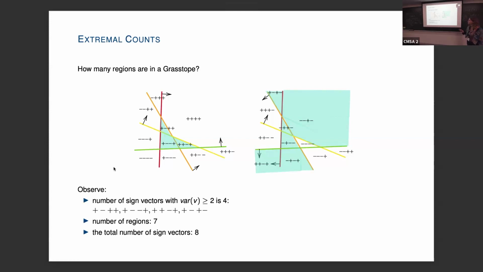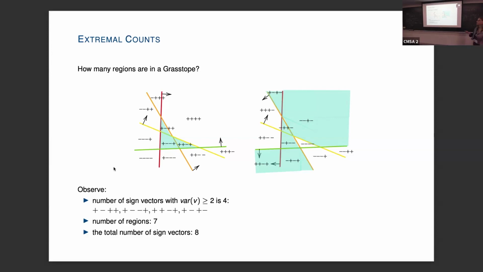But you can see even if we pick the same lines, but we just switch the arrows on one of them, then you can get different numbers of regions in the Grasstope. So this one has 3 regions. This one has 4 regions. So these 2 bounded ones and then 2 unbounded ones that match up.